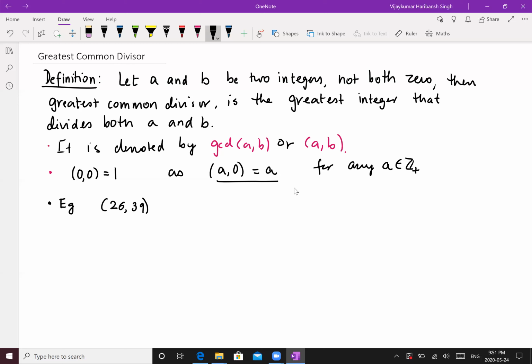The common divisors of 26 and 39 are 13 and 1, so the greatest one is 13.